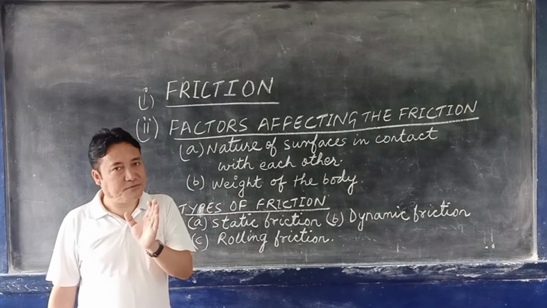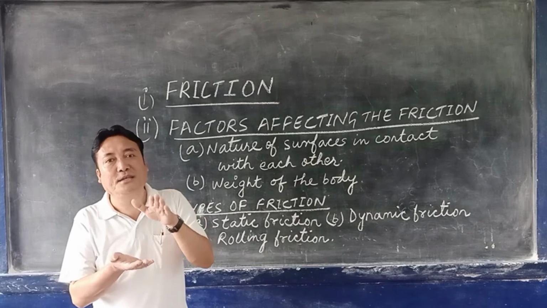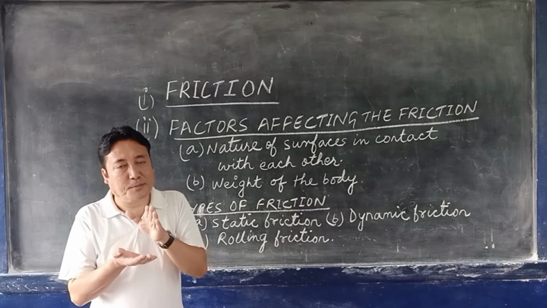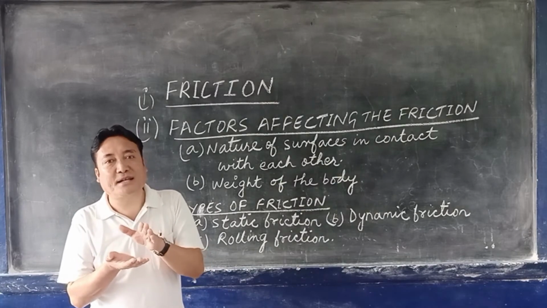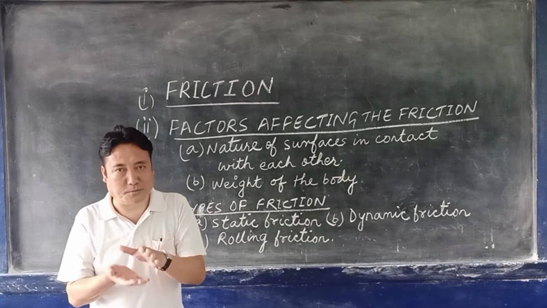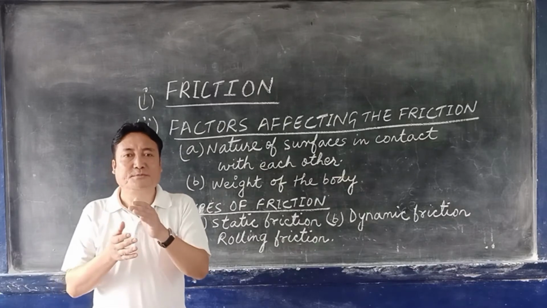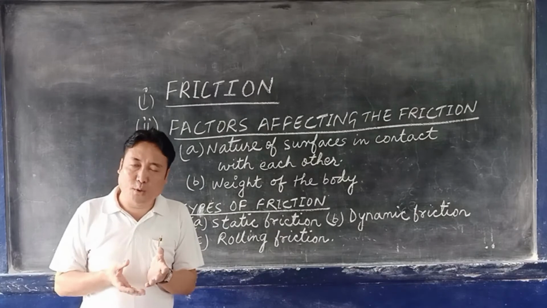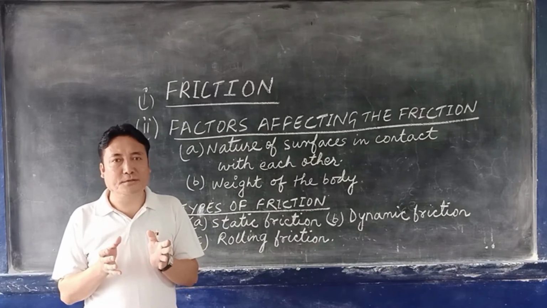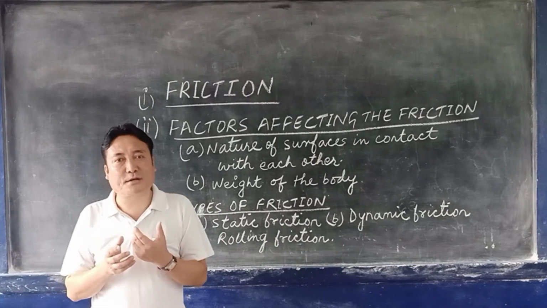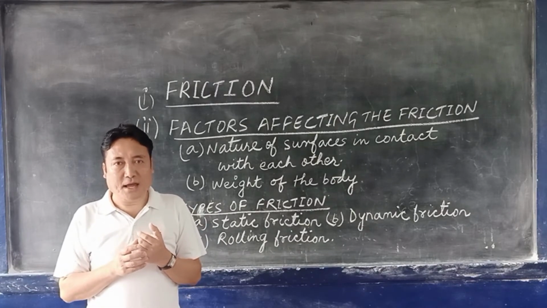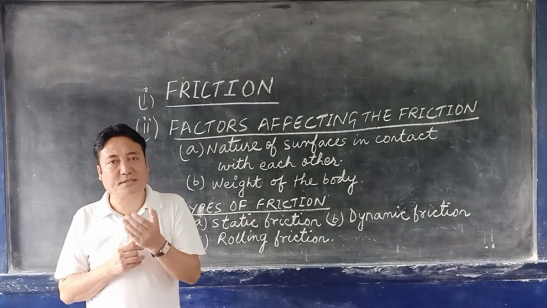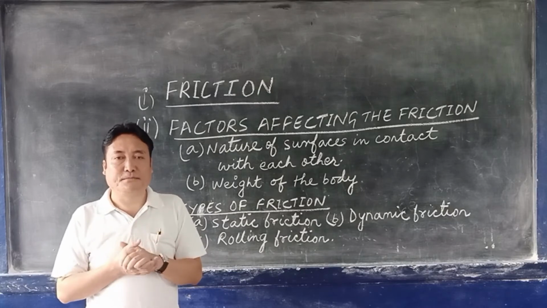In the first example, the ball is in contact with the ground, and the opposing force exerts between the surface of the ball and the ground, so the speed reduces and the ball comes to rest. Likewise, the tire of the bicycle is in contact with the ground, and when you stop paddling, the speed slowly reduces and finally the bicycle stops.